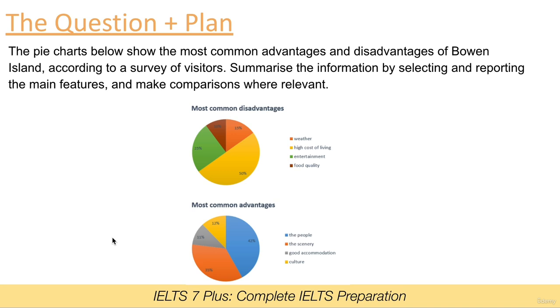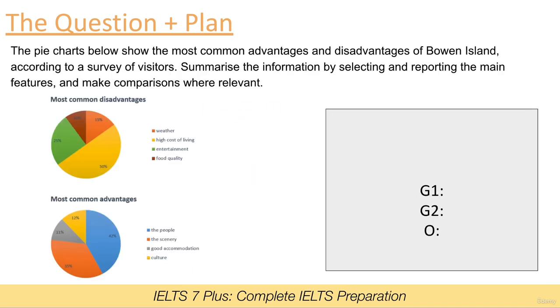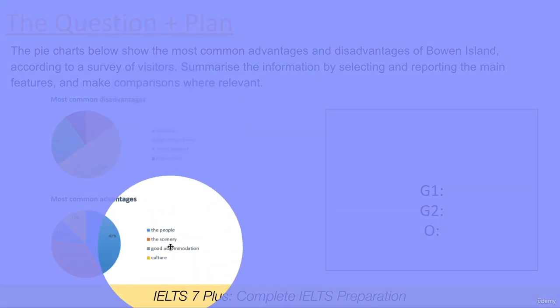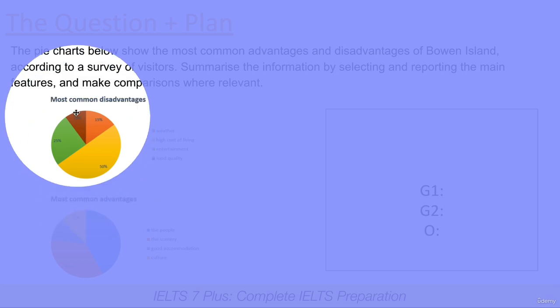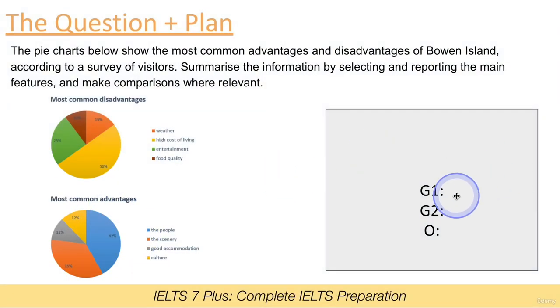Right. Okay then. Let's have a think about how we can group these. If there were some groupings we can make, then maybe we could do it via the key, the different disadvantages and advantages. But in this case, I think it's easier just to keep them and approach each pie chart as it is.